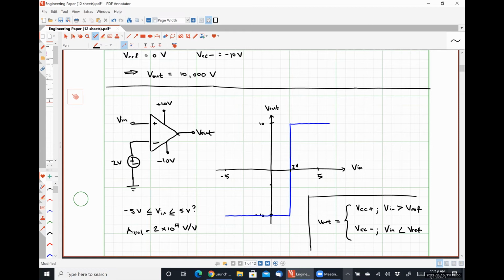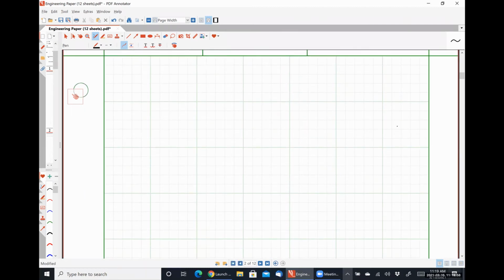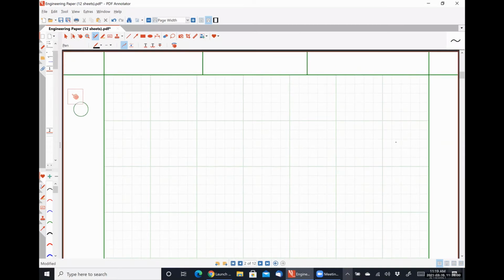So for example, let's say that I wanted to create a very simple analog to digital converter. This is a simple design problem, or it's intended to be anyway.